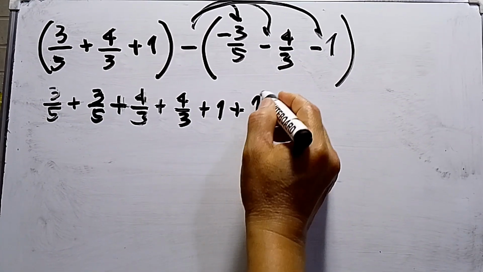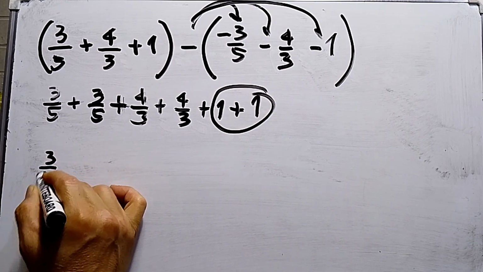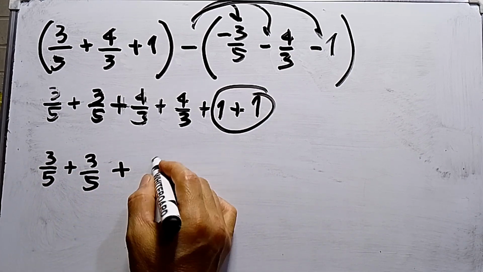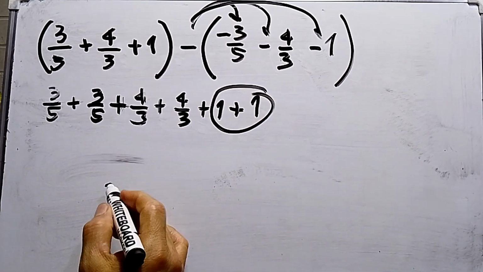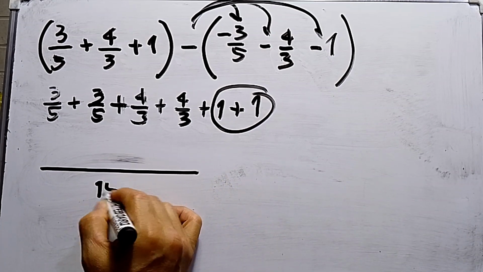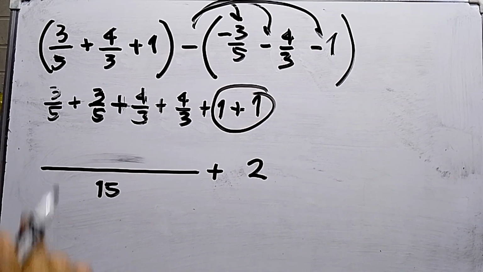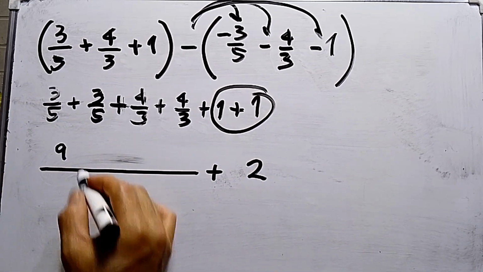So this will be 2. Okay, 3 over 5 plus 3 over 5, then 4 over 3 plus 4 over 3, okay, this will be say 15, then this will be plus 2.